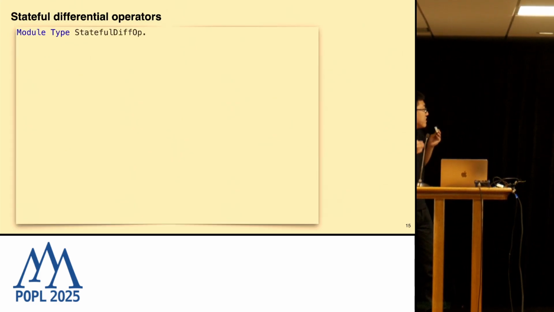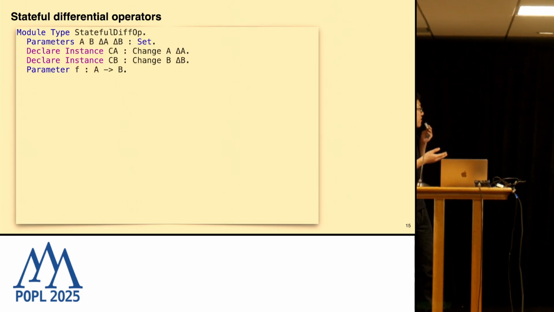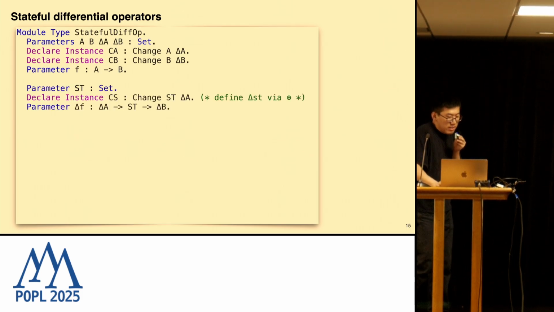So with all of this knowledge in mind, let's see the signature of stateful differential operators. The first part is the same as the stateless one: just specify the input and output change structure. And as we add state to the differential operators, we use st to denote the type of the state.